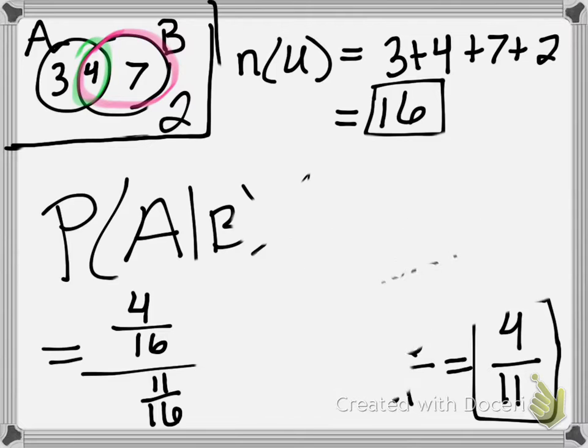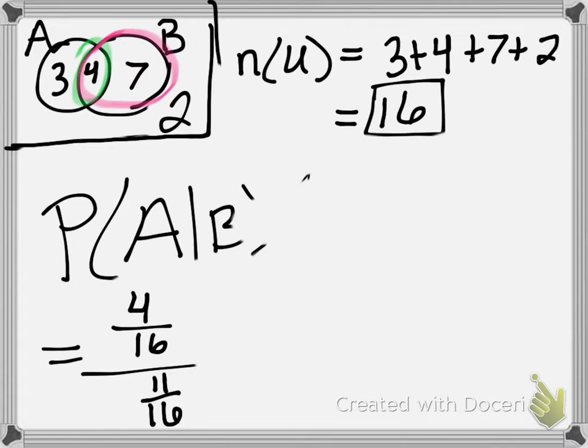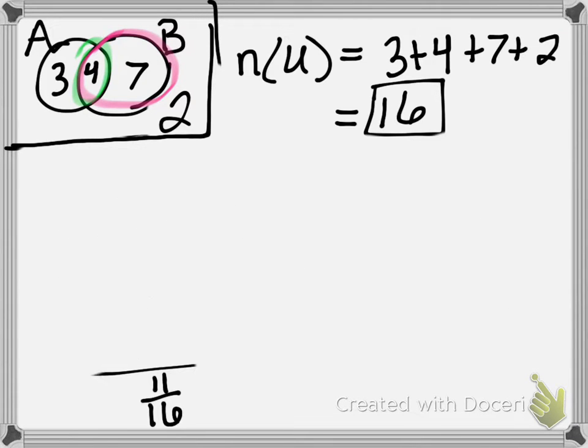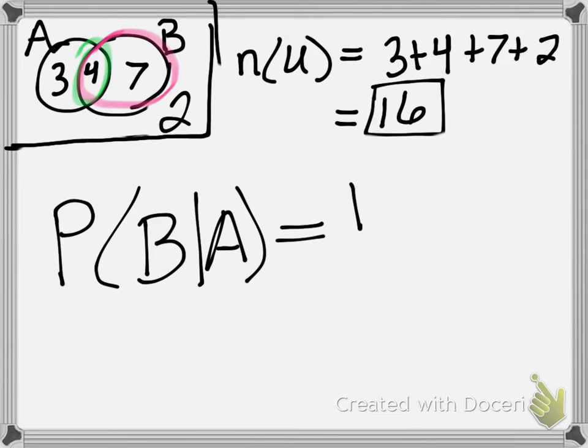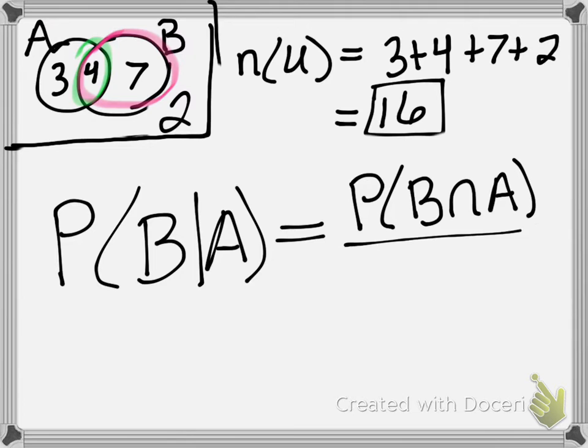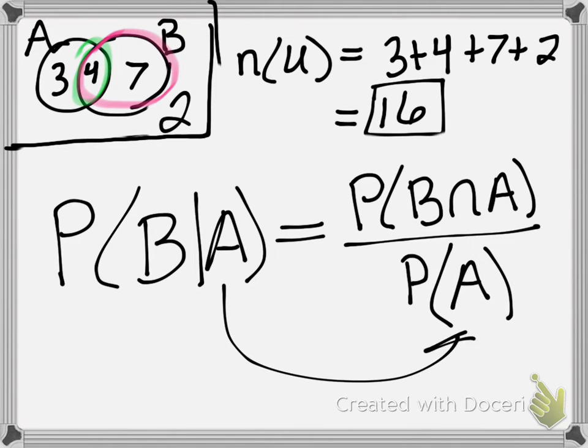Now you might see on an assignment or a question where they have the probability of the reverse, of B given A. And it's the same formula, you just have to rearrange it. So you look at the probability of the intersection divided by the probability of the given, which is always the second one.